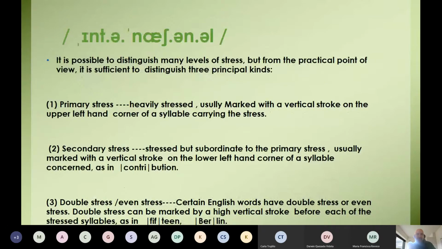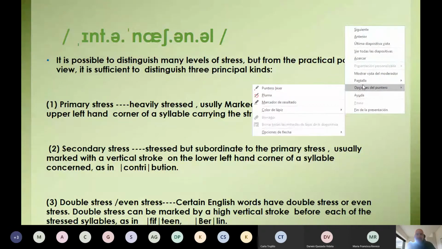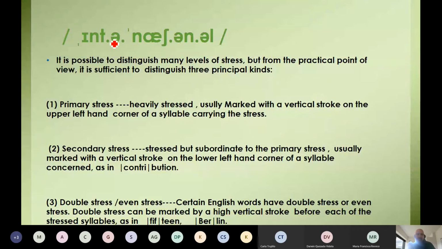Now, in two-syllable words, we will see that there's a primary stress, right? And the primary stress is shown, as we can see in the example, in the syllable that is nash, which is the third syllable. How can we identify the primary stress? By this stroke in the upper left-hand corner, right? International has also a secondary stress that we can see at the very beginning.